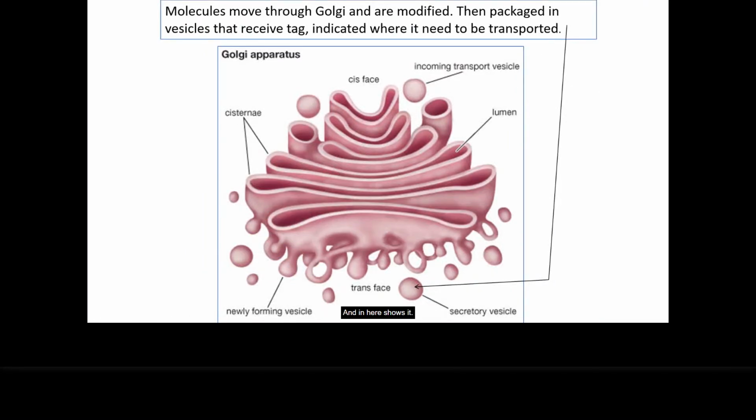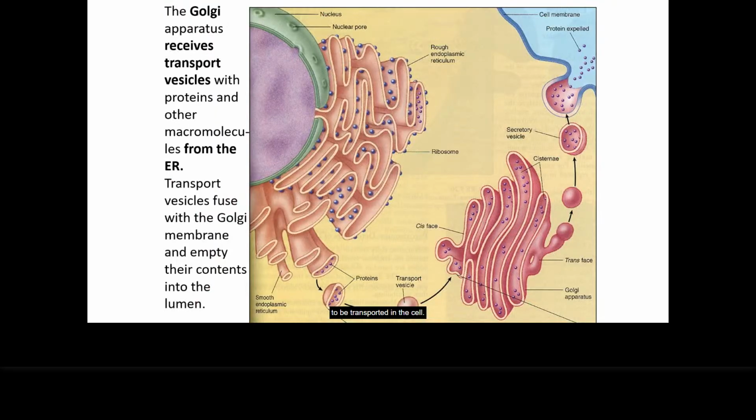Here it shows again vesicles incoming, bringing in something, then macromolecules move through the cisterna and are modified. In the end, new vesicles are produced with modified proteins inside. And these vesicles will have on the surface a specialized receiving tag, which will indicate where it needs to be transported in the cell.